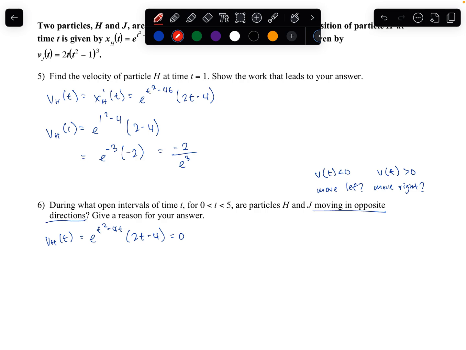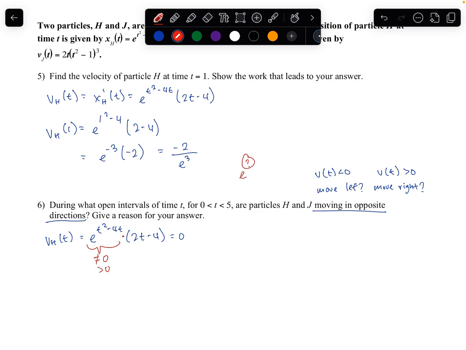One thing to note is that we have a product here. Whenever we have a product and it's equal to 0, one of these parts is going to be equal to 0. But this part right here never equals 0 because it's always positive. E to any power is always positive.